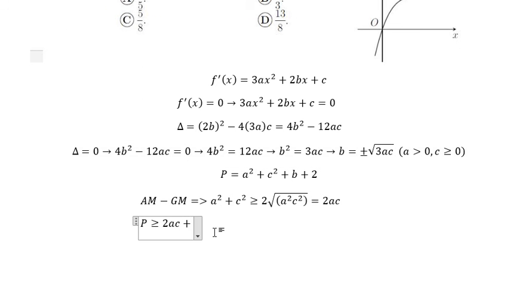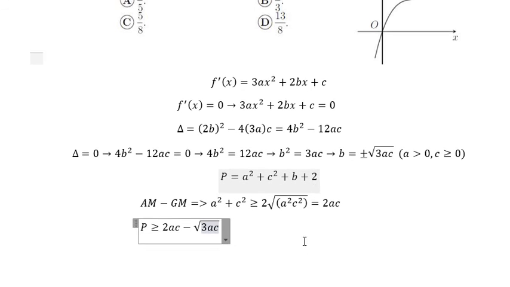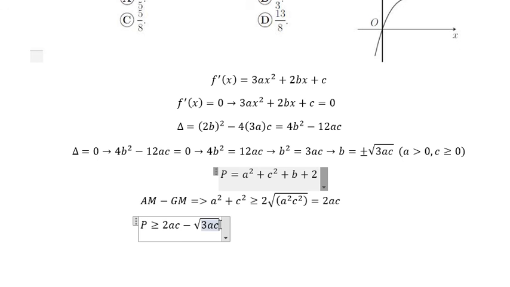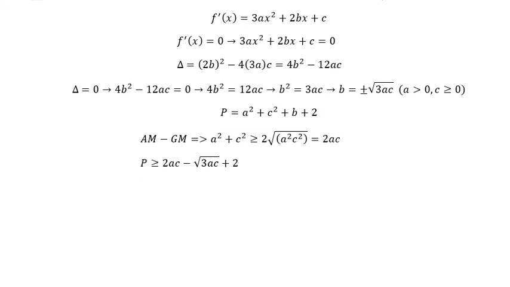So we change this one to negative the square root of 3ac, and we put number 2. Now we let t equal to the square root of ac.